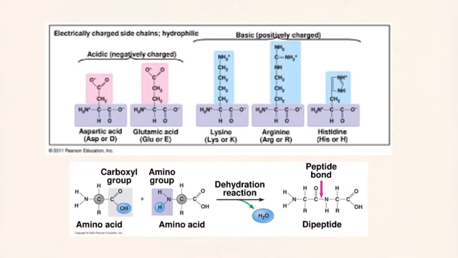And if you see a plus sign, you'll recognize that it is basic and positively charged. In exams, you don't have to memorize all the names of the amino acids, but you should be able to tell whether they are nonpolar, polar, or charged when the structure is given.